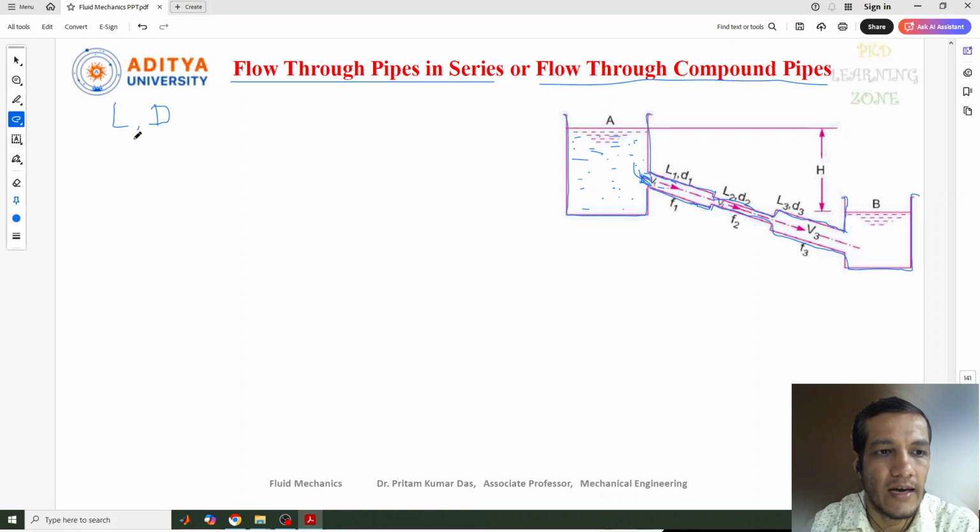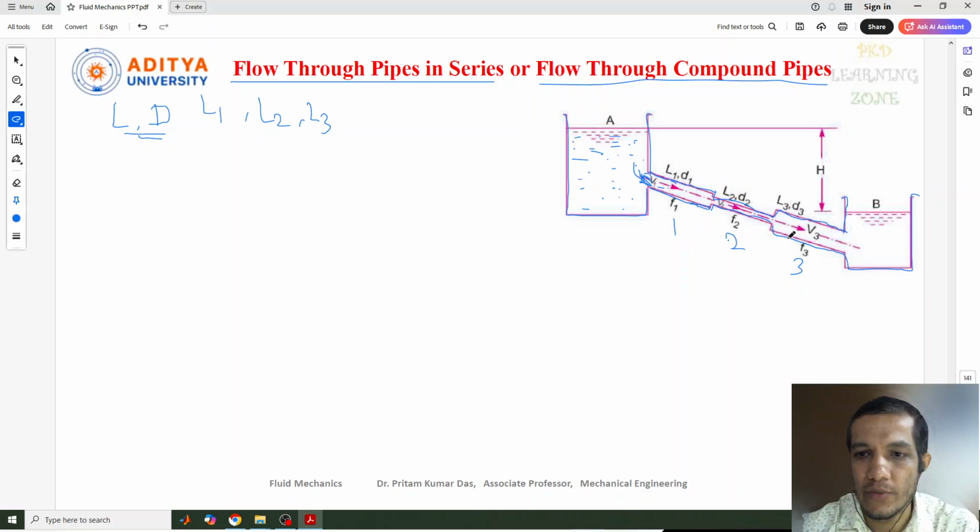Suppose this is pipe 1, pipe 2, and pipe 3. Let's consider the length of each pipe: L1, L2, and L3. These are the lengths of pipe 1, pipe 2, pipe 3.